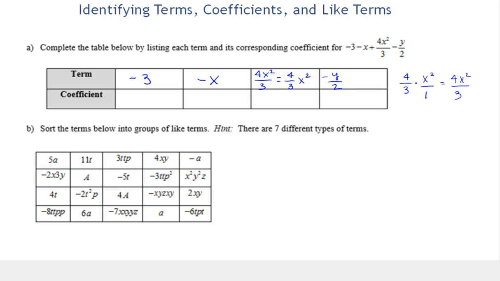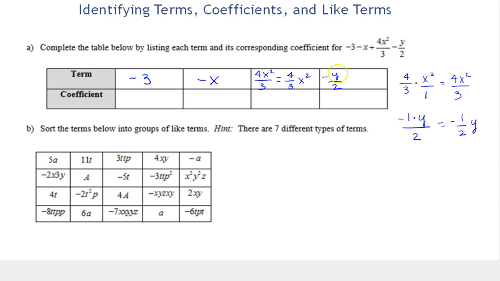Okay. Now here we have negative y over 2. Okay. And this can be problematic. A lot of times students want to just write that the coefficient is negative 2 because you see a 2, but that 2 is in the denominator. So let's think of this as negative 1 times y over 2, which we could say is equivalent to negative 1/2 times y.